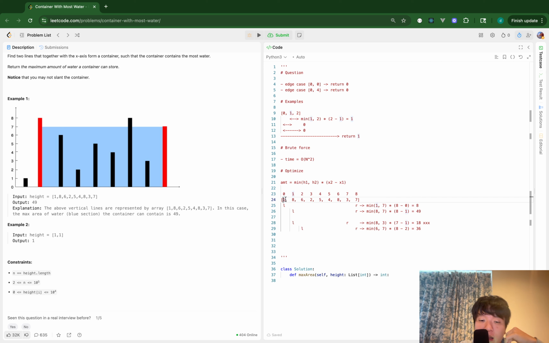Then I slide first with this and then this and this. And maybe if the distance is 2, I start with 1, 6 and then move it to 8, 2, 6, 5 or something like that. But still, I think this takes n squared time.